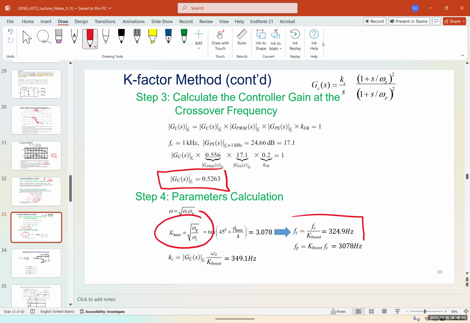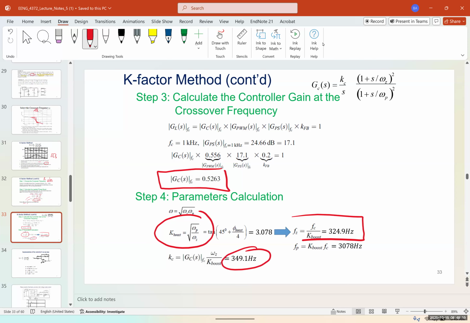And therefore, FZ is FC over K boost, which gives us 324.9 hertz, and FP is going to be K boost times FC, which is going to be 3000 hertz or 3 kilohertz. And finally, KC is going to be GC at FC times omega z over K boost, which gives us 349.1 hertz.